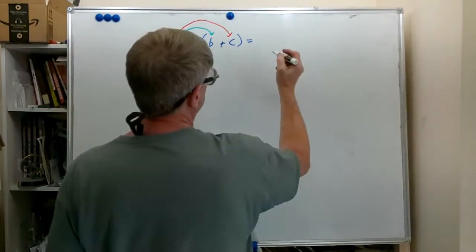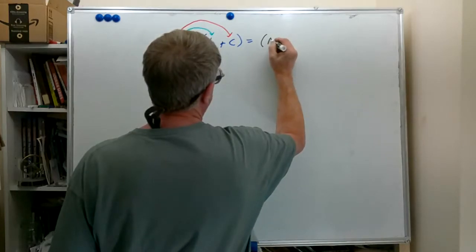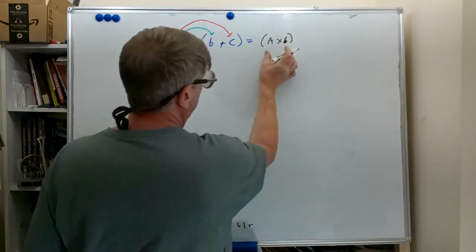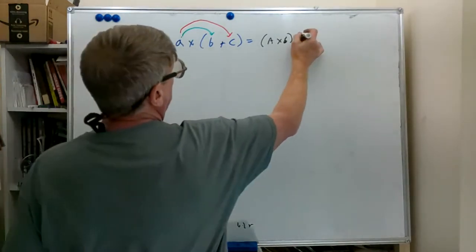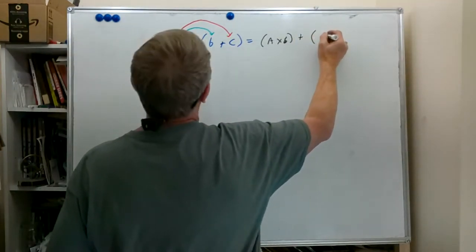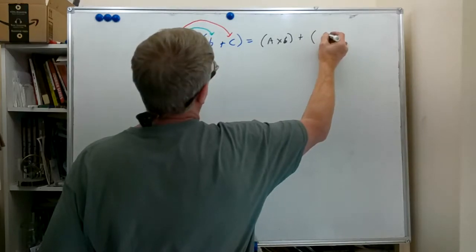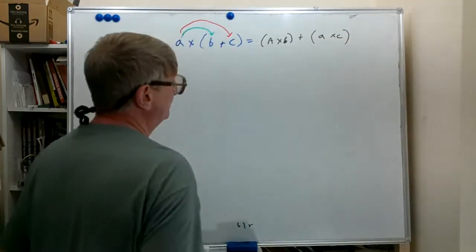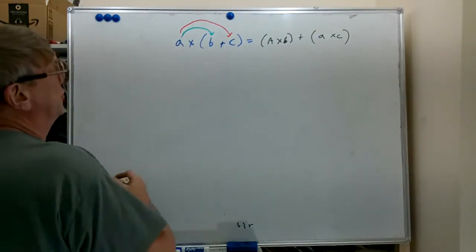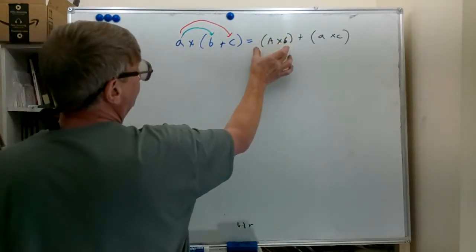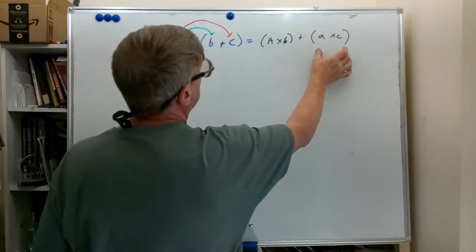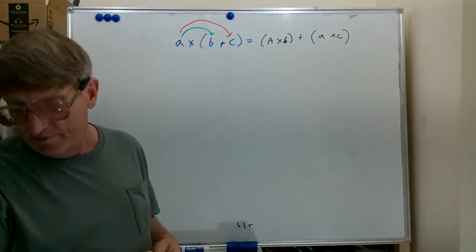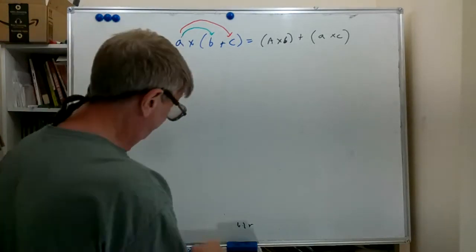When we distribute the A to the B, we have A times B. We still have the plus, then A times C. So we distribute the A to the B, we distribute the A to the C for the multiplication part, we still have the plus right here. So let's do an example, see how that comes out.